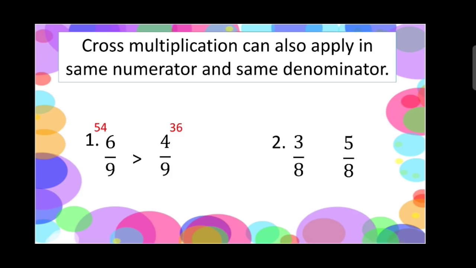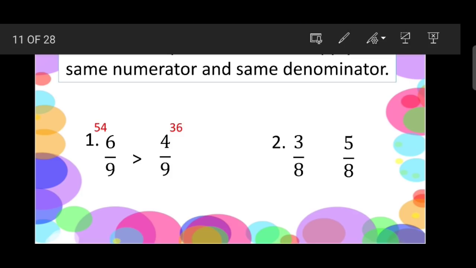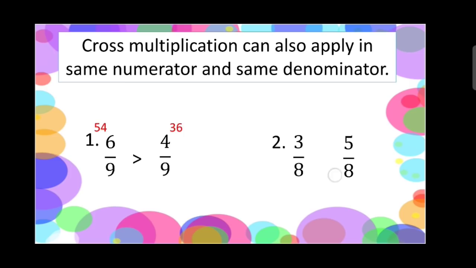So, cross multiplication. 8 times 5. Yan. 8 times 5 is equal to 40. Then, 8 times 3 is equal to 24. So, we conclude that 3 over 8 is less than 5 over 8. Kasi, di ba, mas mataas si 40 kaysa kay 24.